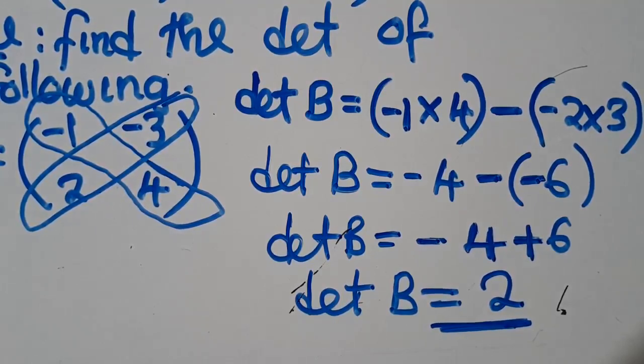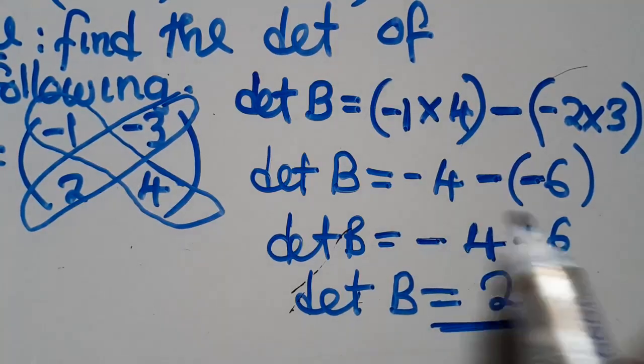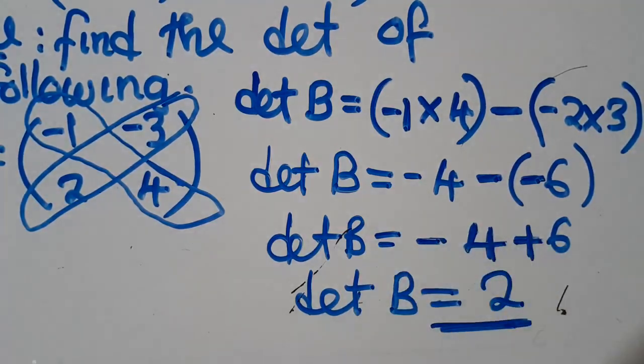If you are not sure of this, you use a calculator, then you get to find that answer. So this is the determinant of B. These are methods which you need to use. You need to make sure that you know all these procedures that I'm doing here.